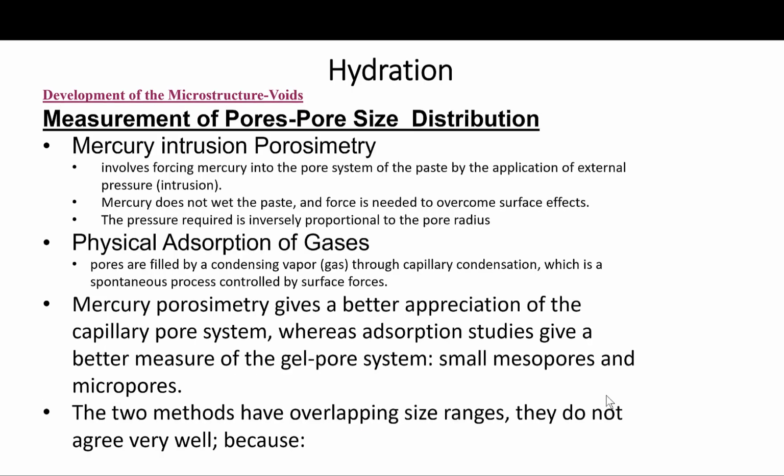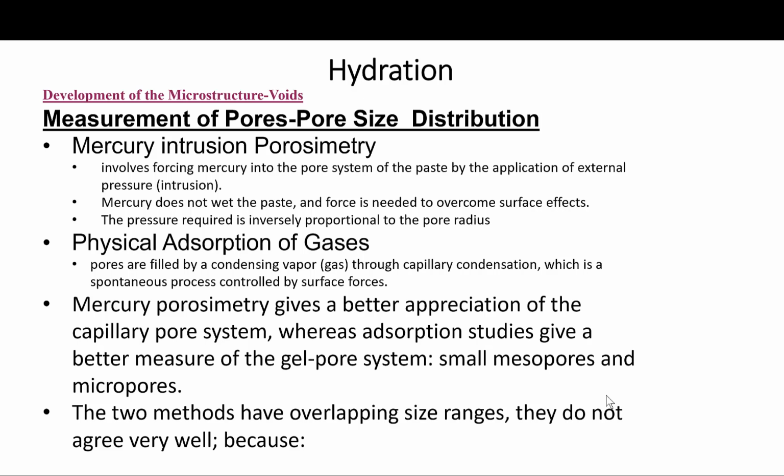Okay, so let's see how we measure pores. There are two main methods that are used to measure the pore size distribution of hardened cement paste: mercury intrusion porosimetry and the physical adsorption of gases, as I said before. The mercury porosimetry involves forcing mercury into the pore system of the paste by the application of external pressure.